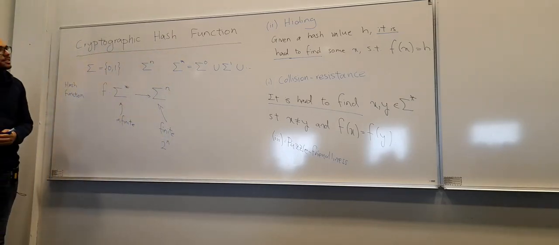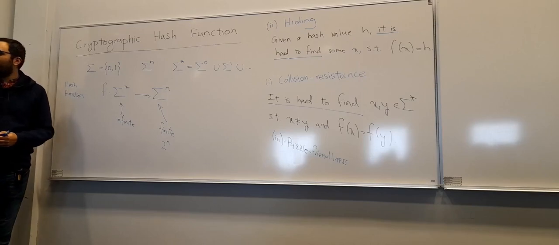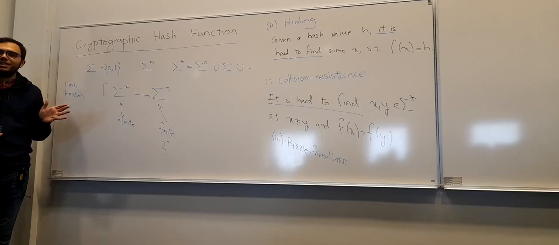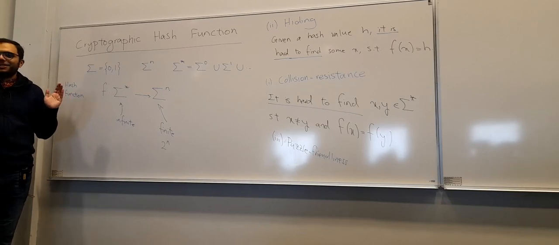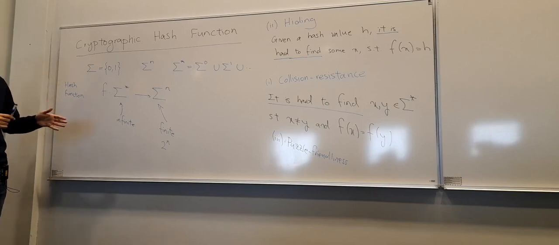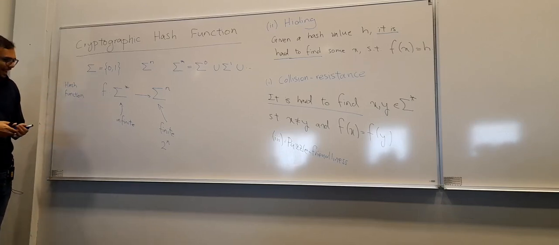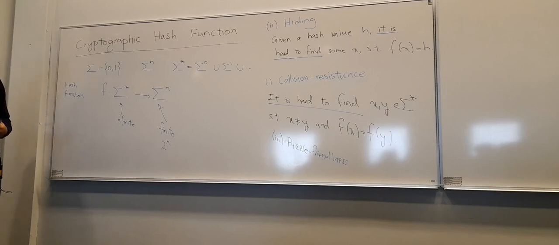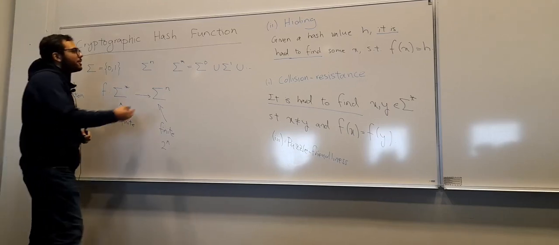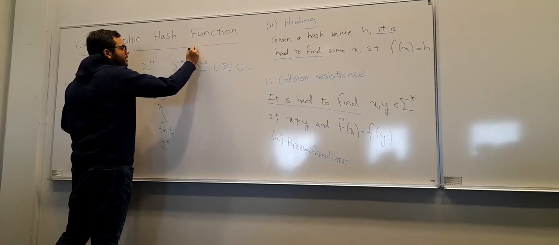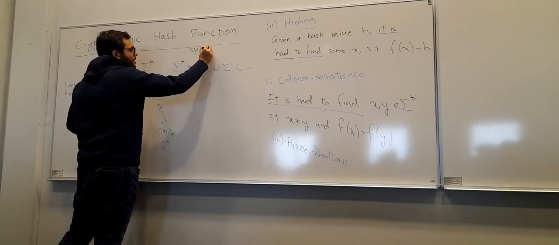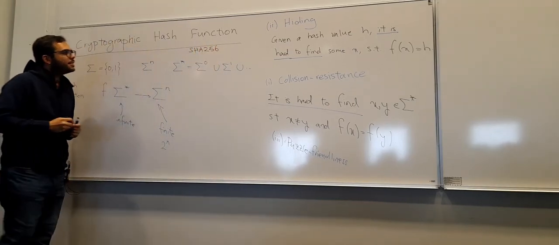Now, of course, I can spend a lot of time talking about how to actually create such functions, and that's a very active research field, but I'm not going to do that because this is a course on cryptocurrencies. So I'm just going to assert, and you're going to trust me, that these functions exist. Actually, the cryptographic hash function that is used in Bitcoin and many other cryptocurrencies is called SHA-256.